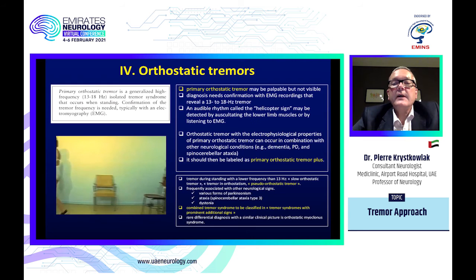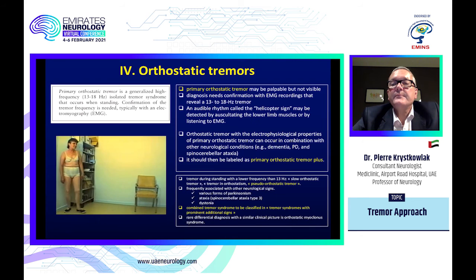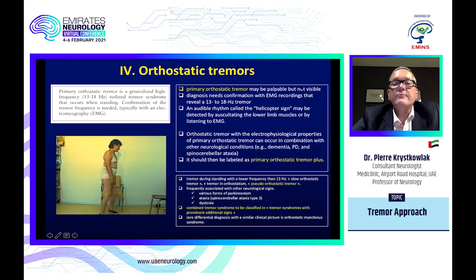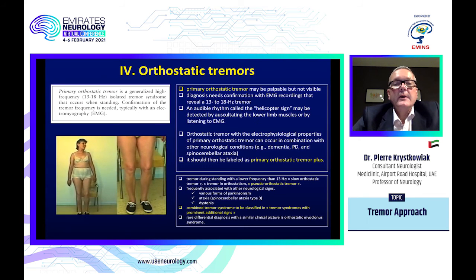Again, orthostatic tremor with the electrophysiological properties of primary orthostatic tremor can occur in combination with other neurological conditions like dementia, Parkinson's disease, or spinocerebellar ataxia. In this case, it should be labeled as primary orthostatic tremor plus. You also have a variant of this tremor during standing, but with a frequency lower than 13 hertz.